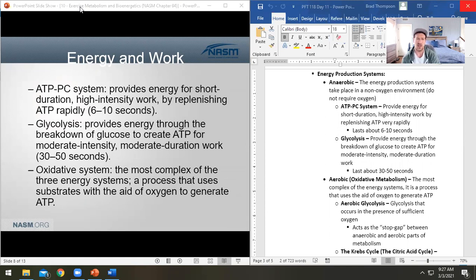Some people don't respond very well to that reaction. Their body just is like, nope, not my favorite energy system. So the ATP-PC system is using phosphocreatine, or creatine, to reattach that phosphate back on. And you can do that for about 6 to 10 seconds.